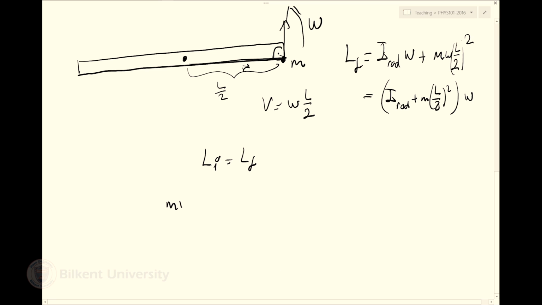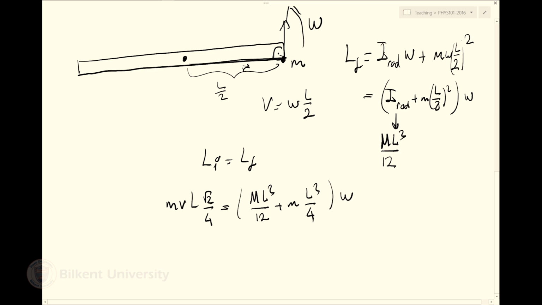We found the first one to be m v square root of 2 over 4. That's going to be, and I need I for a rod around the center of mass. I remember it to be M L square over 12. That's going to be M L square over 12 plus small m L square over 4 times omega.